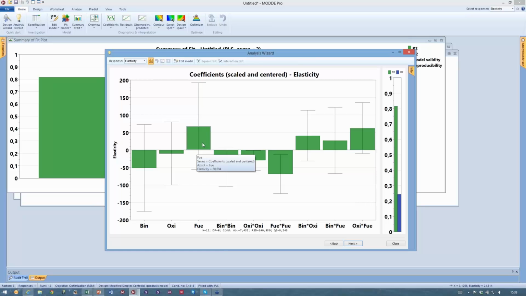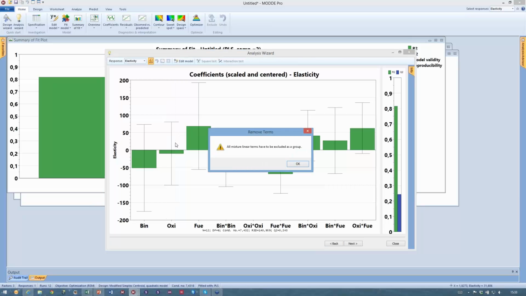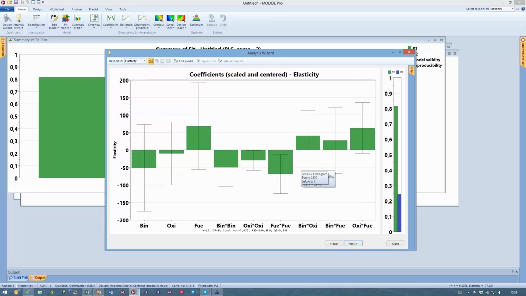Now, if we, for instance, would like to modify the model by dropping some small regression term, then MODDE will start to issue warnings because, as I told you, the terms of the mixture model are combined like links in a chain, and you have to treat them as a conglomerate of terms.